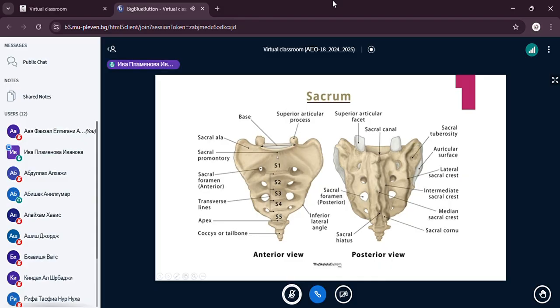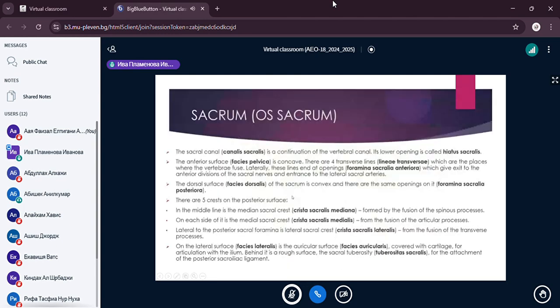Okay, let's start with the pelvic surface or anterior. Here you can see 4 sacral foramina, in Latin called foramina sacralia anteriora. So they give exit to the sacral nerves.